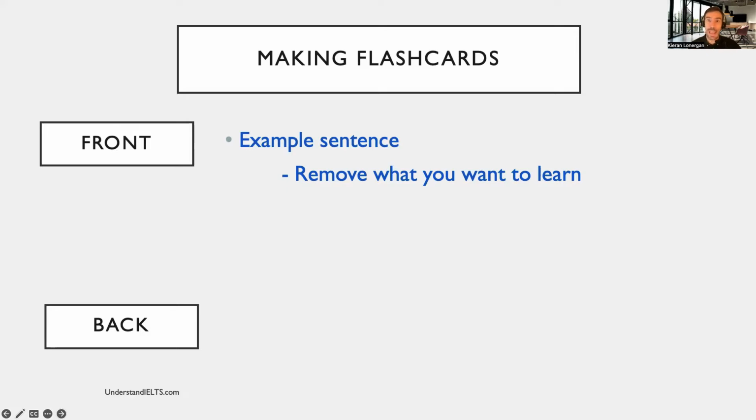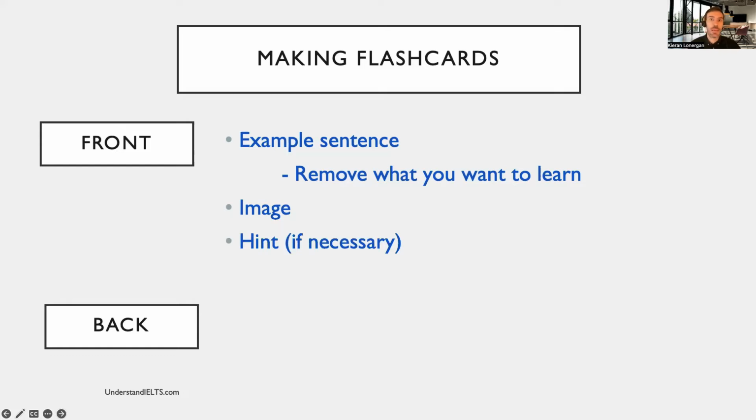So if you make an error in a sentence and you get feedback from your teacher because you got a word wrong or you used the wrong structure or type of word, then that is normally the part that you need to remove in your example sentence. As always, I want you to add an image to your flashcards to make them more memorable.